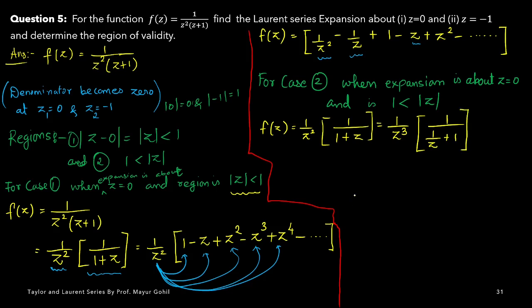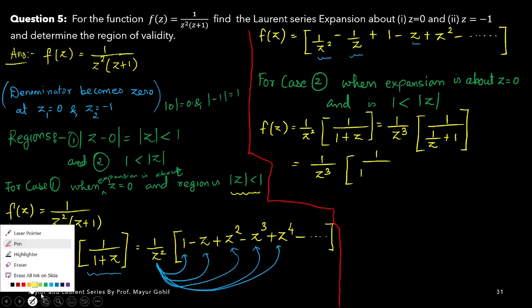This is what is going to happen. Now you just write in the proper format, because z cube you take common, you have kept it outside, and now you write in the format that you need.